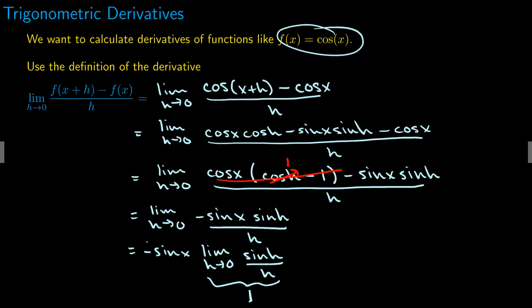So finally, we have just minus sine x as the derivative of cosine x. So we'll write d by dx of cosine x is equal to minus sine x.